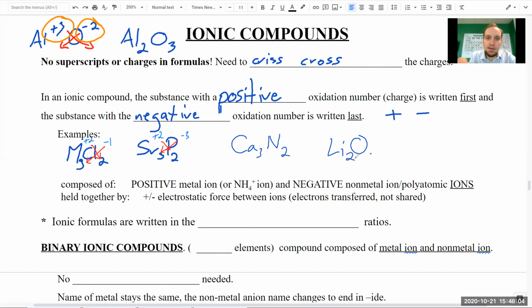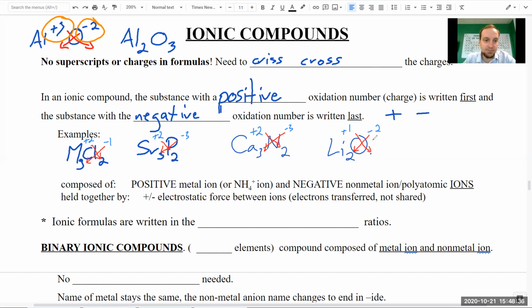Because the charge for calcium in the second column is a +2. The charge for nitrogen in the fifth column is a -3. Lithium is an alkali metal, it's a +1. And oxygen is a -2. Therefore, if I follow my pattern, this 3 moves down there, that 2 moves down there. This 2 moves down there, that 1 is not shown because, again, it is an assumed 1 oxygen. So this is the way we write the formulas for ionics.